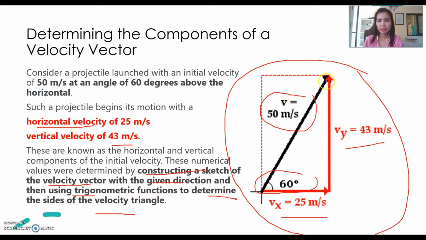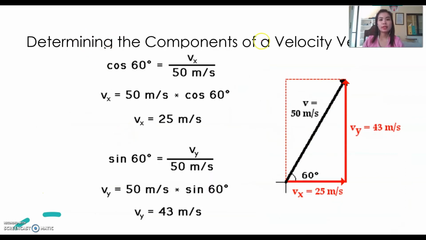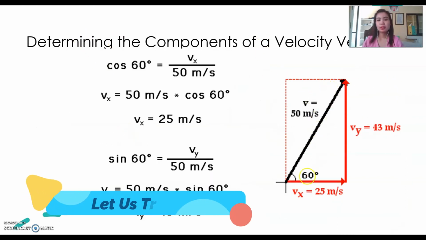Where is the triangle here, ma'am? It is this triangle. Remember, the longest side is our hypotenuse, which is the velocity itself; it is not called horizontal or vertical, it is just velocity. Now, for example, the same problem.